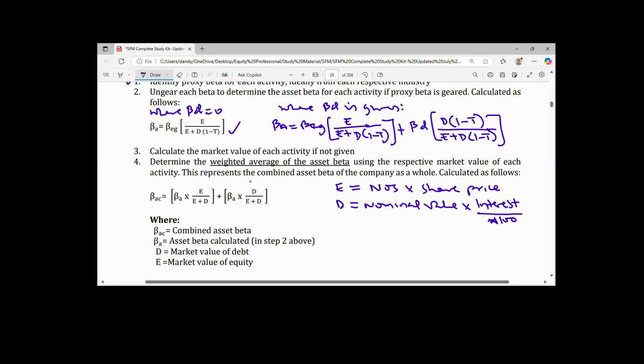Then in step 4, you need to determine weighted average of the asset beta. You need to calculate asset beta of the combined.